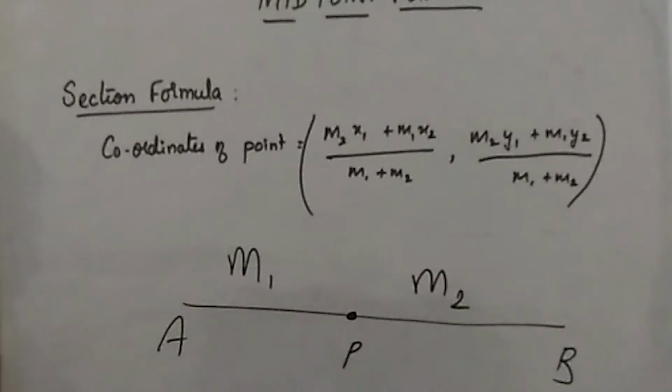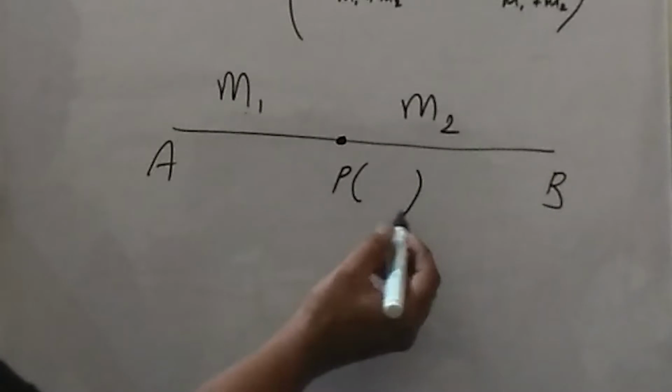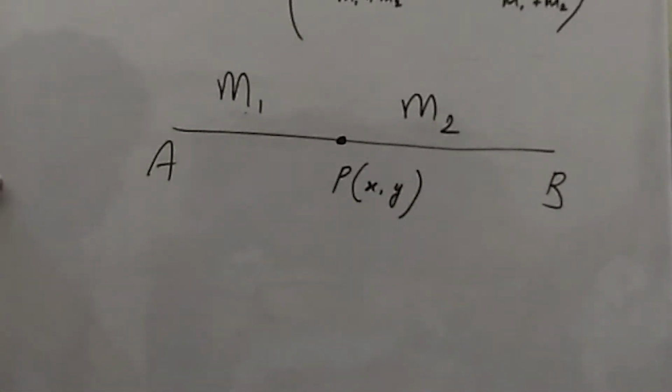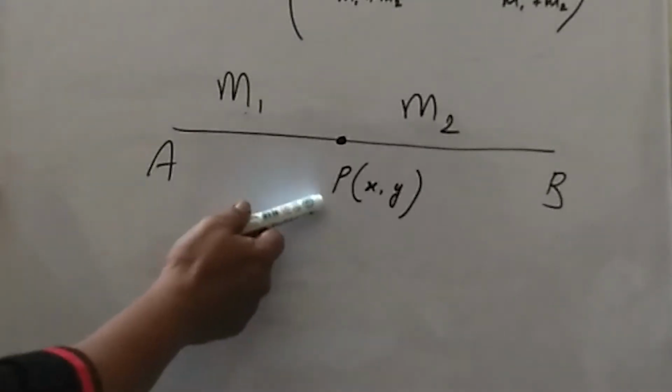This line is divided by P in the ratio M1 and M2. Now what is this point? We have to find out the coordinates of the point P.